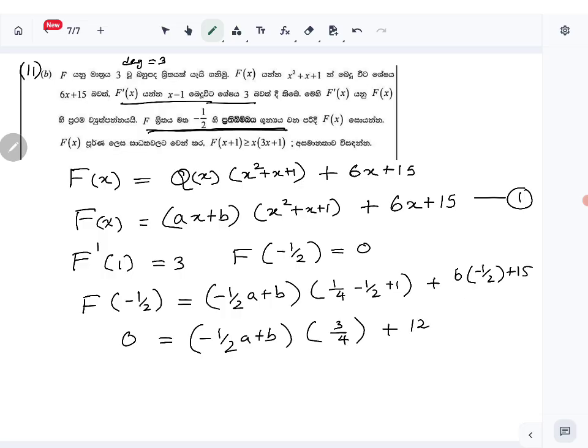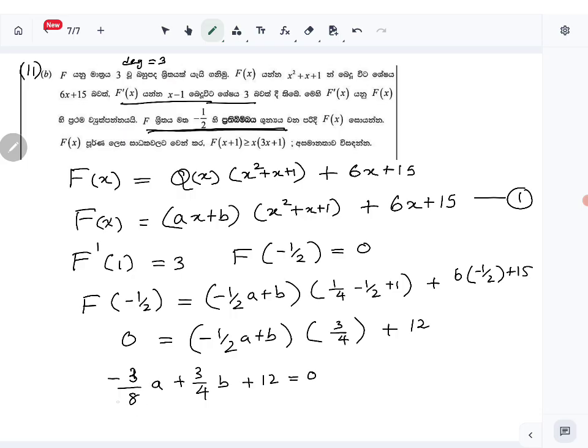So plus 12. So what do we have? Minus half minus 3 over 8 a, right? Let's see. This is minus 1 over 4 plus 1, which is 3 over 4, right? Minus 3 over 8 a plus 3 over 4 b plus 12 equals 0.